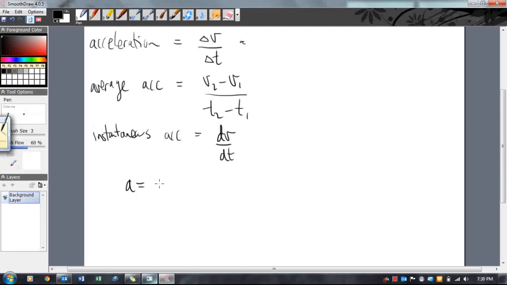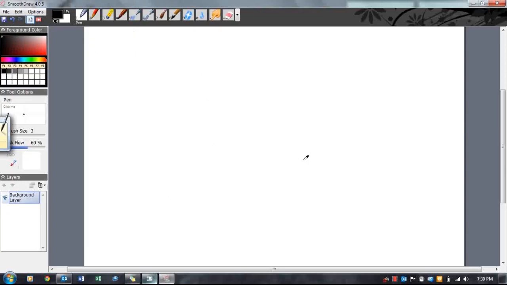So if you have acceleration written as a function of time, then you can take the derivative of that. dv/dt is equal to a, and so we've got that. So I'll start a new screen, but I'll just describe the relationship between all these three things I've just spoken about.